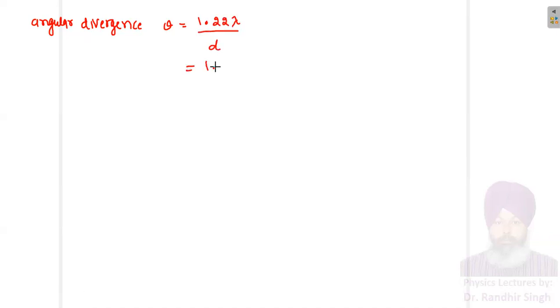It will be 1.22 into 7 into 10 raised to power minus 7 upon 10 raised to power minus 2. So let me solve it. Its value will come out to be 8.54 into 10 raised to power minus 5 radian. So this is the angular divergence of the laser beam.